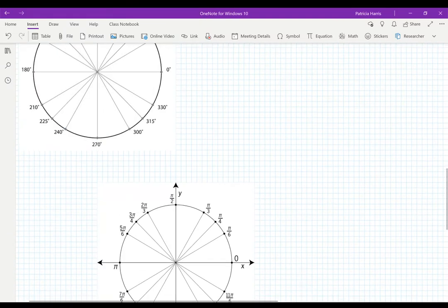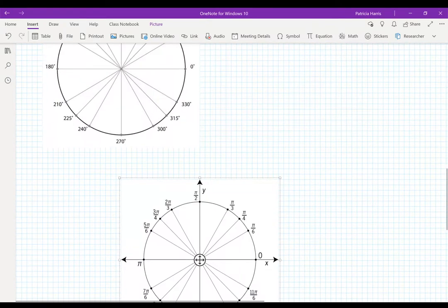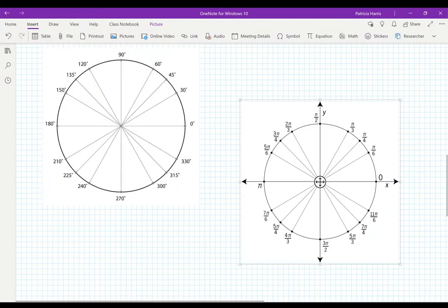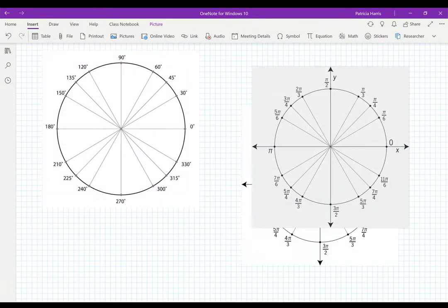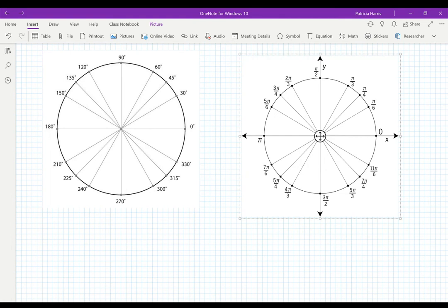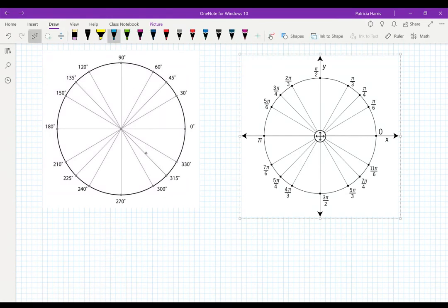This is the same unit circle, but it's got the equivalent radian measures. If you look at it, you'll notice that 90 degrees is pi over 2. 150 degrees is 5 pi over 6. So this will give you a nice visual as to what the different degree measures are and what the different radian measures are.